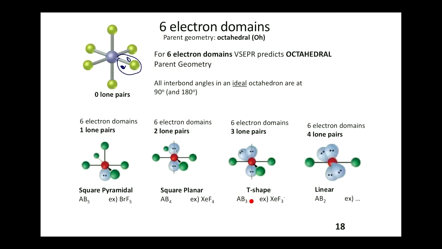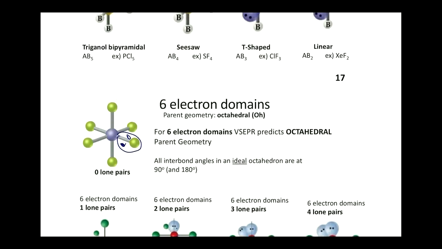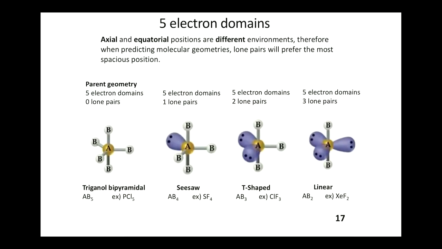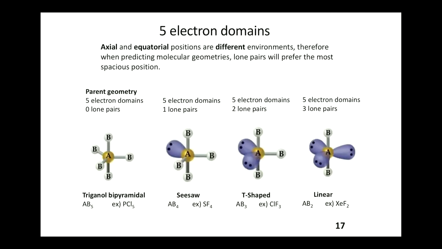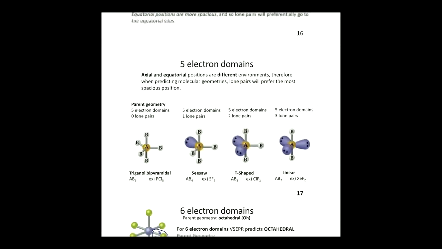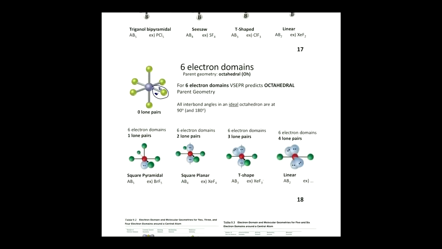Here, this T-shaped is 3 bonds, 3 lone pairs. But the T-shape we did up here for our 5 electron domain template, 2 lone pairs and 3 bonds, also gives us a T-shape. That's a good question that comprehensively summarizes all of these different shapes if you truly understand it. How do we feel about all those?